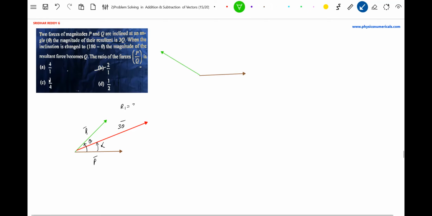So the magnitude of the resultant force will become Q. So where is the resultant force?